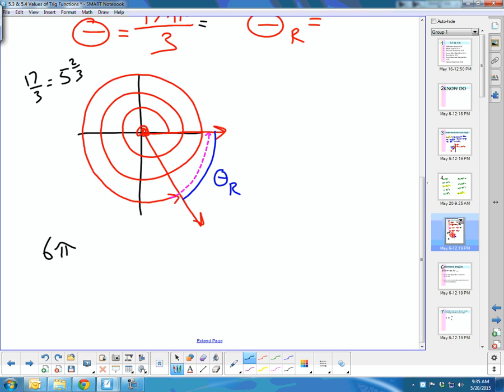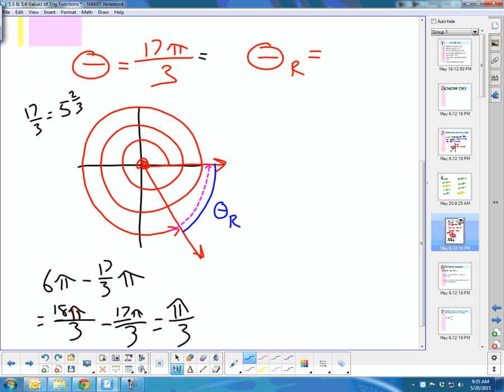Well, that'd be 6 pi minus 17/3 pi. That's my 5 2/3 pi radians. To figure out what is that little purple distance there, that'll be 18 pi over 3 minus 17 pi over 3 equals 1 pi over 3. So that distance right there, that reference angle, is going to be pi over 3 radians.